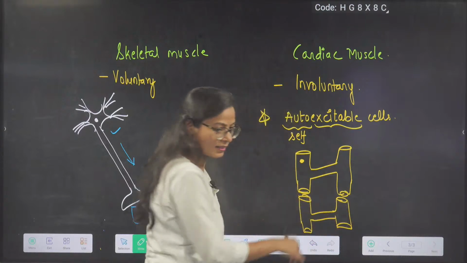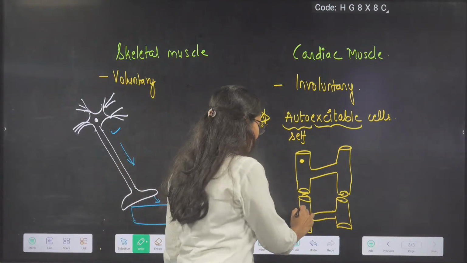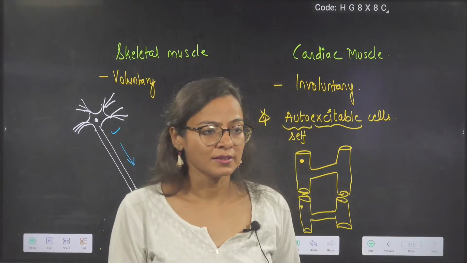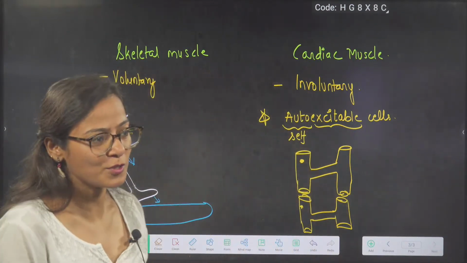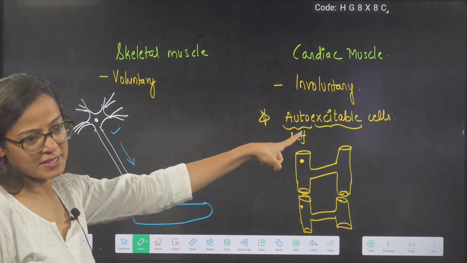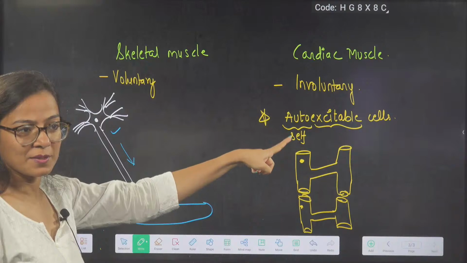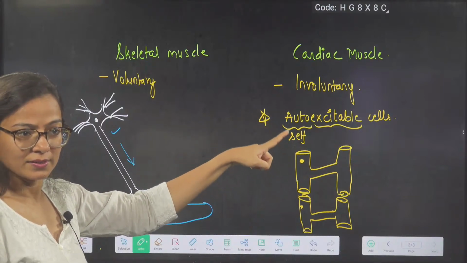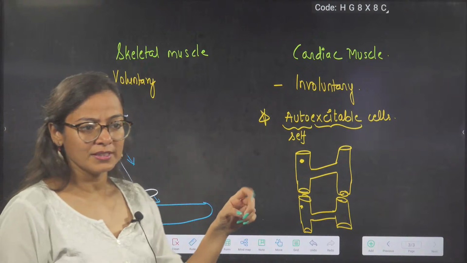This is another cardiac muscle. Right? So this is the structure of a cardiac muscle cell. Clear till here, everyone? The difference between voluntary and involuntary, and because the cardiac muscle is able to generate impulses by themselves, that's why they are called auto-excitable. Right? Clear, everyone? Till here.